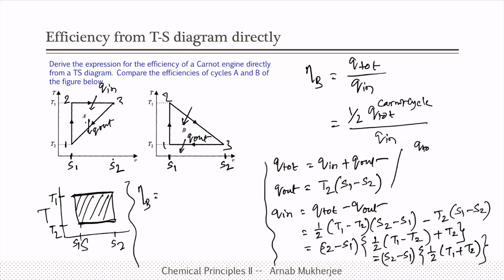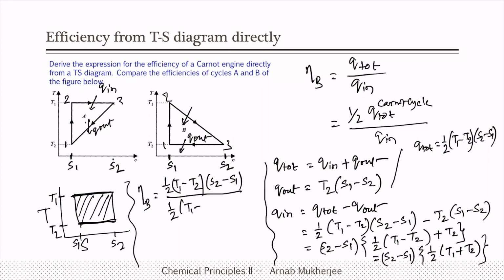So, again we will just write the Q tot value, which is half T 1 minus T 2 S 2 minus S 1, divided by Q in, which is here half T 1 plus T 2 S 2 minus S 1.